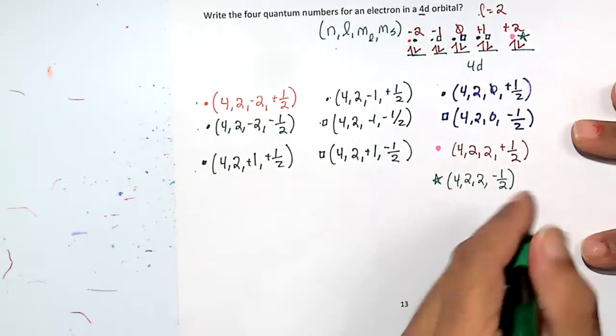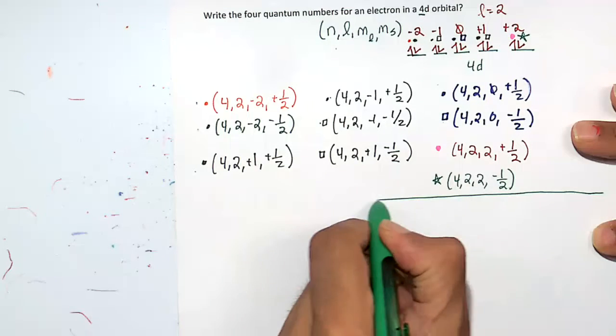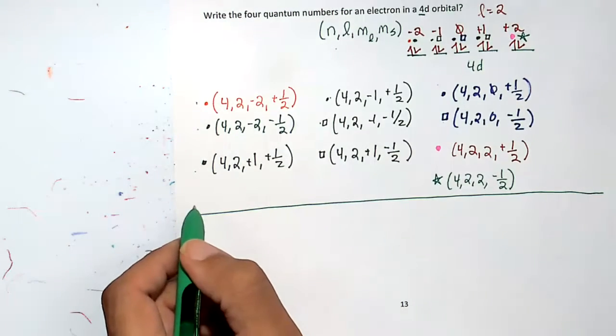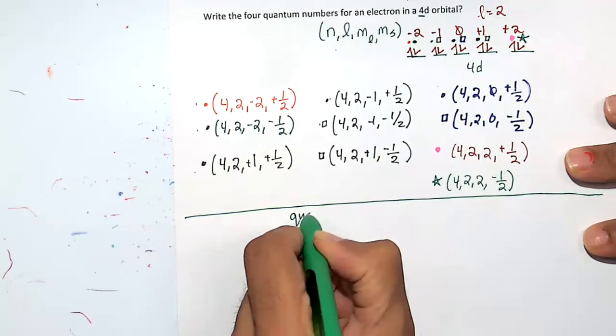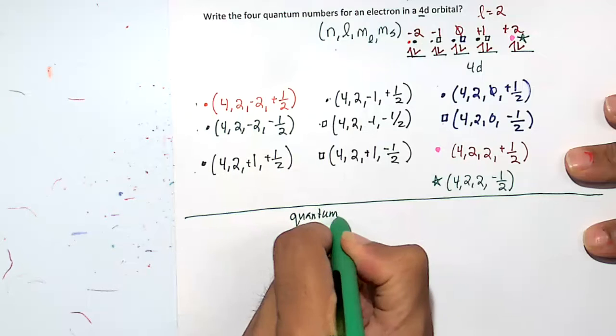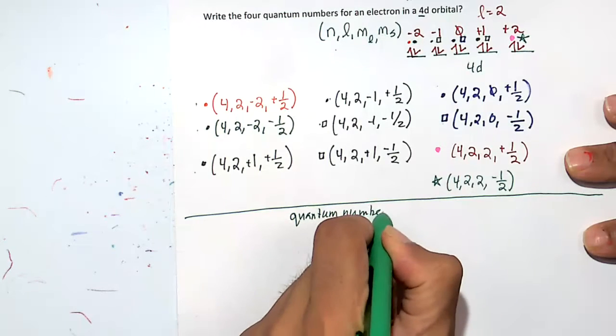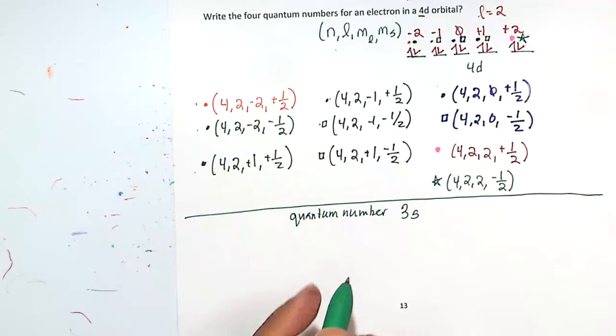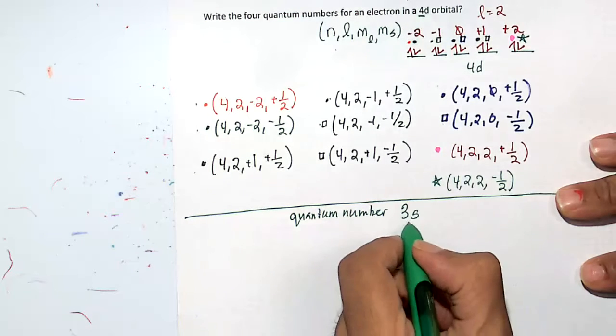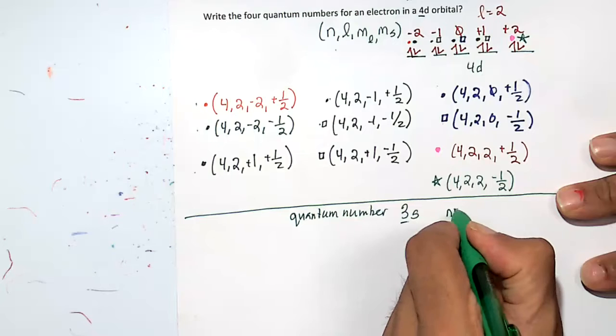Okay, let's throw in something here. Let's throw in 3s. Okay, so the quantum numbers for a 3s orbital, what would that be? So automatically n will equal 3.